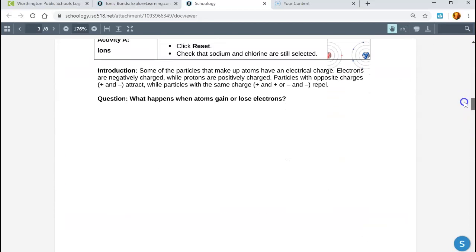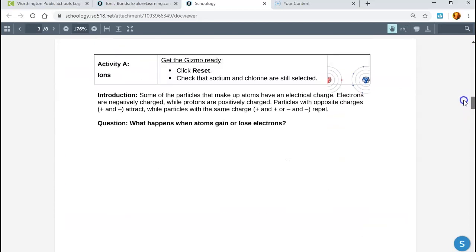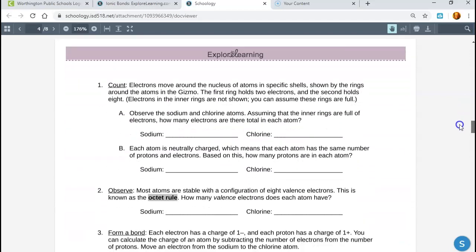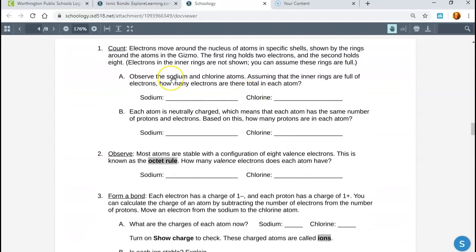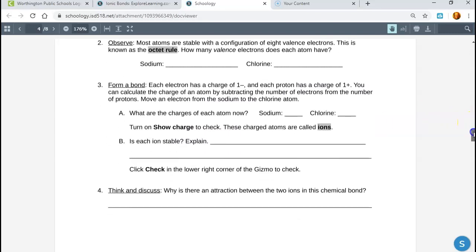For some reason we get these big blanks on your paper. I'm not sure why that is. Then you are going to write down how many electrons they have, how many protons they have, and just see what the screen says and count things and write them down. What are the charges?